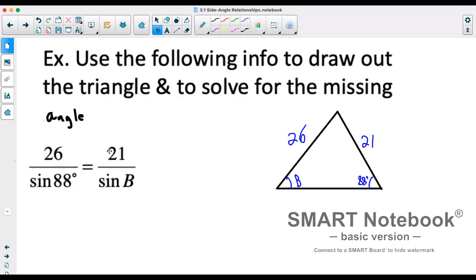Now, if we're solving for something that's in our denominator, our first step is to multiply both sides by it so we can get it out of our denominator. That gives us 26 sine of B over sine of 88 is equal to 21. What we'll want to do now is multiply both sides by sine of 88.